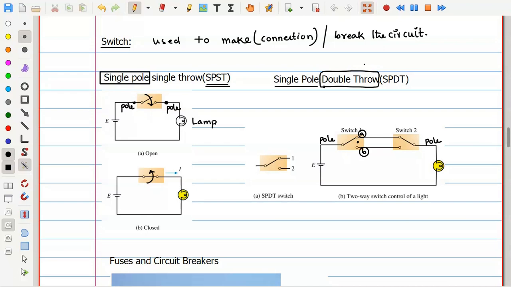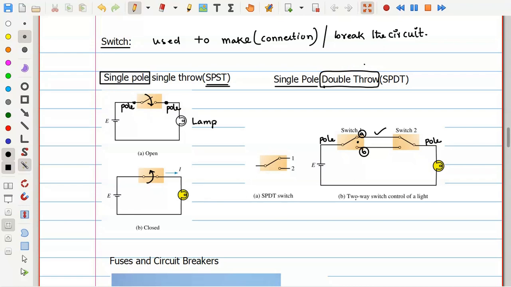If it is connected to A, it connects to the line of A. If it is connected to B, it connects to the line of the corresponding B segment. So it can be thrown into two positions, either A or B, and the off position is common.